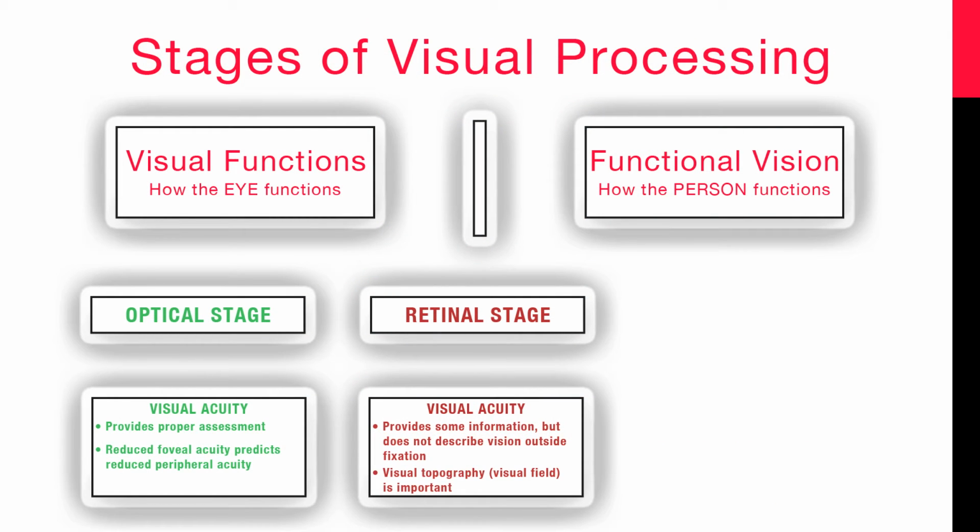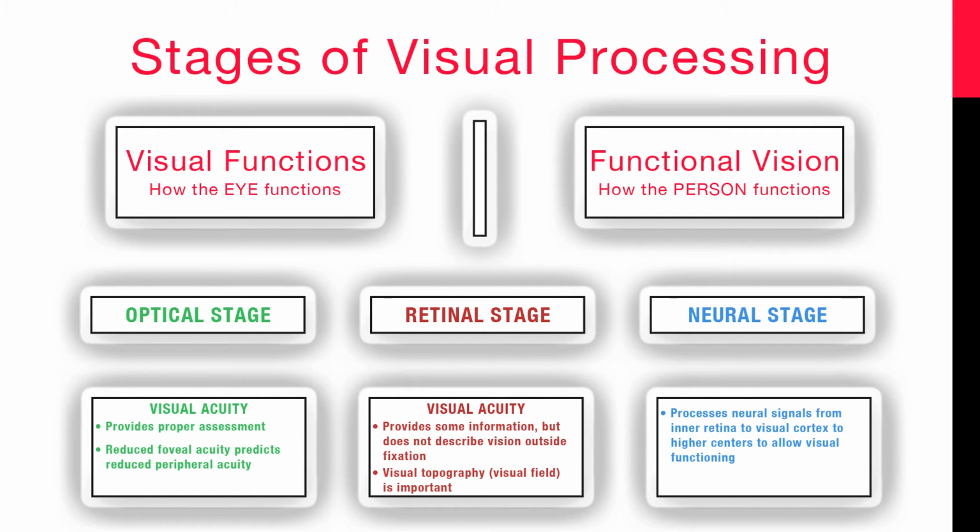Here, visual acuity provides some information, but it's very incomplete because the letter acuity does not provide any information about the areas beyond where the letter is projected. So we need visual field information in the form of scotomata.